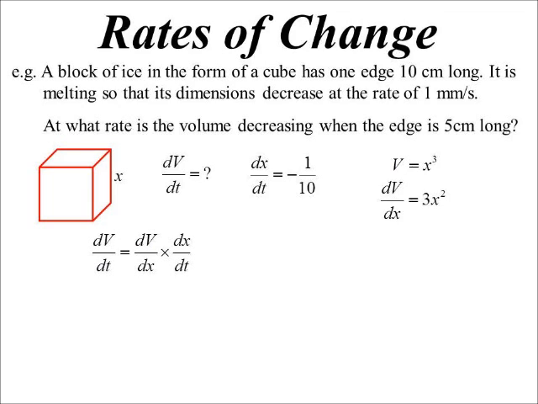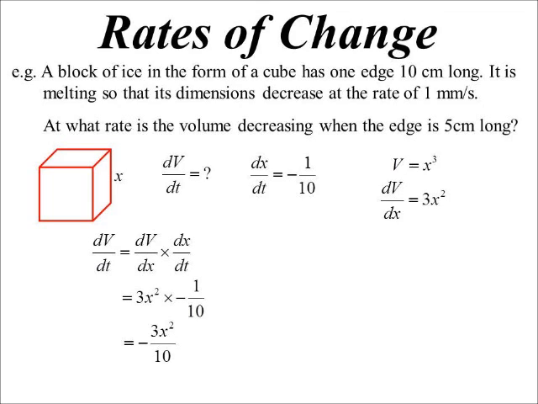I know a formula for dV/dx. You've given me some information about dx/dt. If I multiply them together, you can think of it like the dx's are cancelling. I've got dV/dt. So my formula becomes 3x squared times negative 1/10. So negative 3/10 of x squared is the formula to find the rate of change of volume with respect to time.